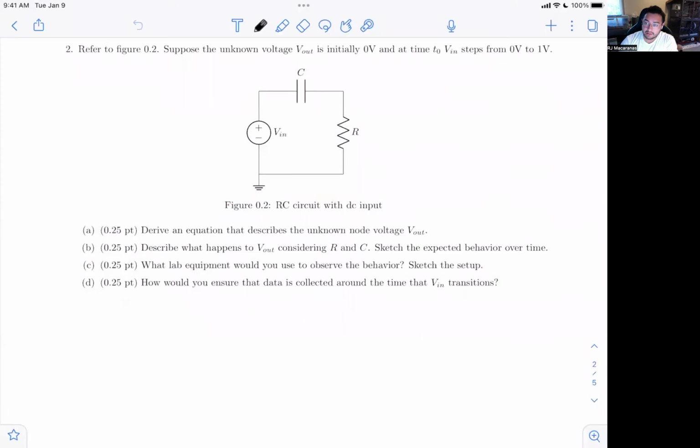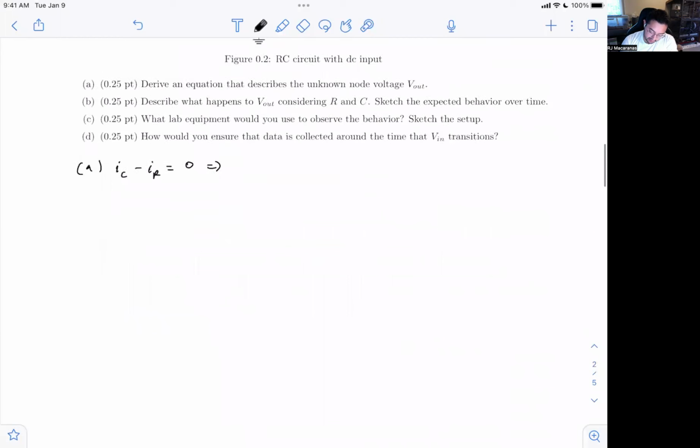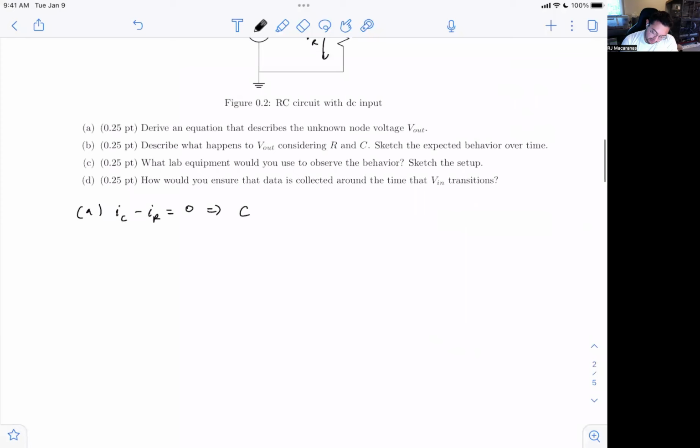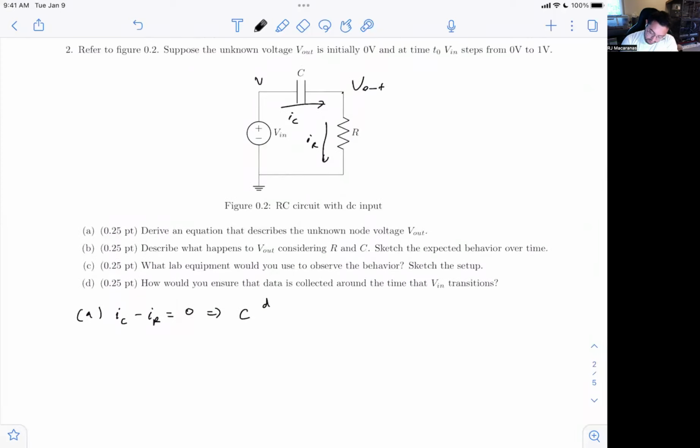So we're looking at this circuit now. So now we have a capacitor, and we want to come up with an equation to describe V out here. We got IC going in, IR going out. We have IC minus IR is 0, and by our device physics, the current through that capacitor is given by C dVc. So what is the voltage across that capacitor? It's V in minus V out.